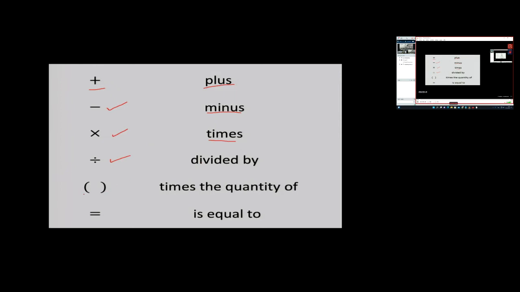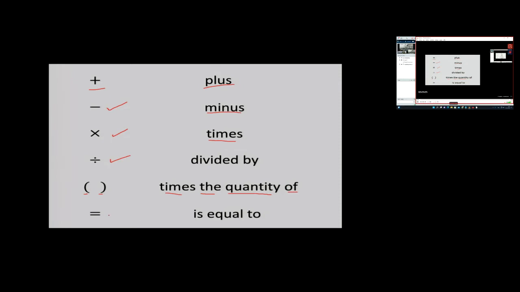Now, this symbol, if you see this parenthesis, you read it as times the quantity of. Can you please read it? Times the quantity of.